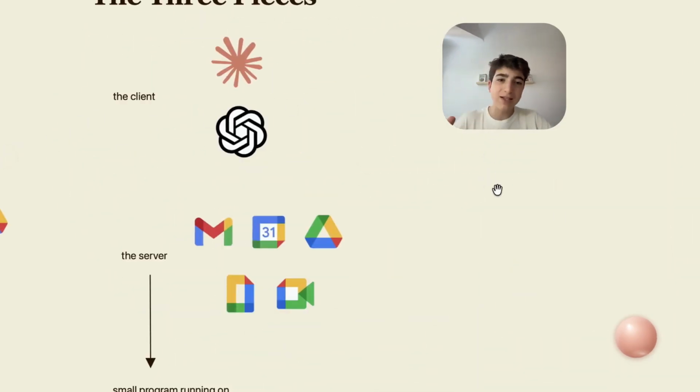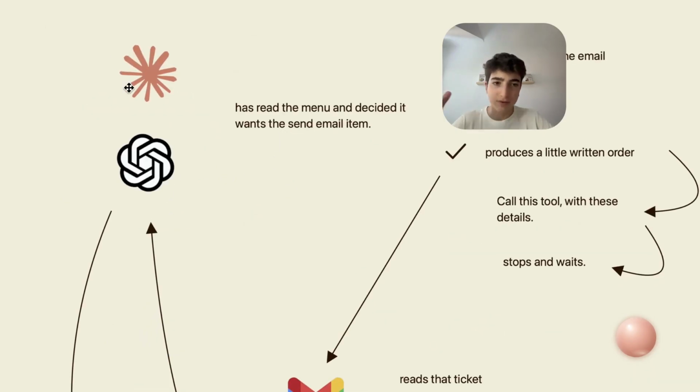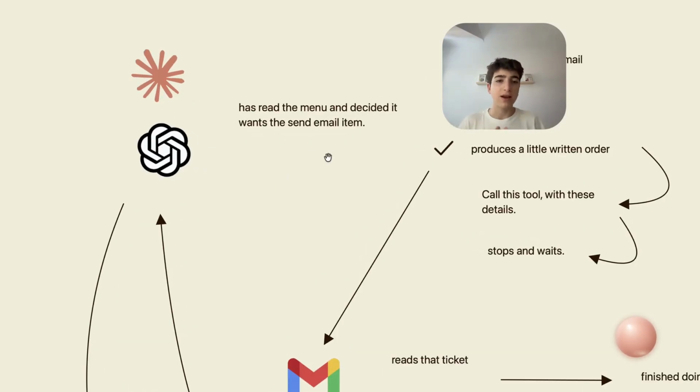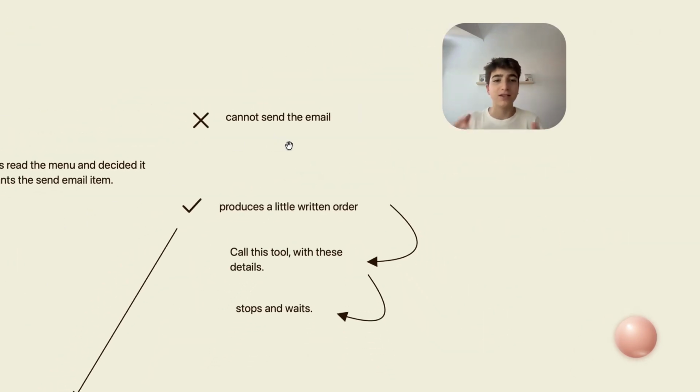So the server sends a menu to the client, and then we have the call. Now the AI chatbot, Claude or ChatGPT, has read the menu and decided it wants the send email item because I prompted it to send an email. We have the right tool for this. But ChatGPT or Claude cannot send the email itself.